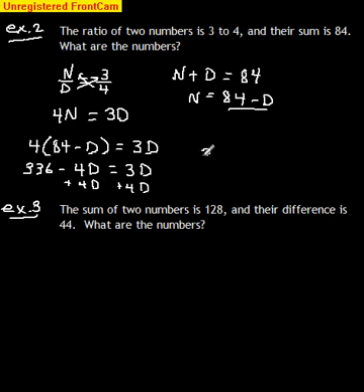So we get 336 equals 7d. And I'm going to divide both sides by 7. And it comes out really nicely. So if we divide both sides by 7, we get d, the denominator, equals 48.